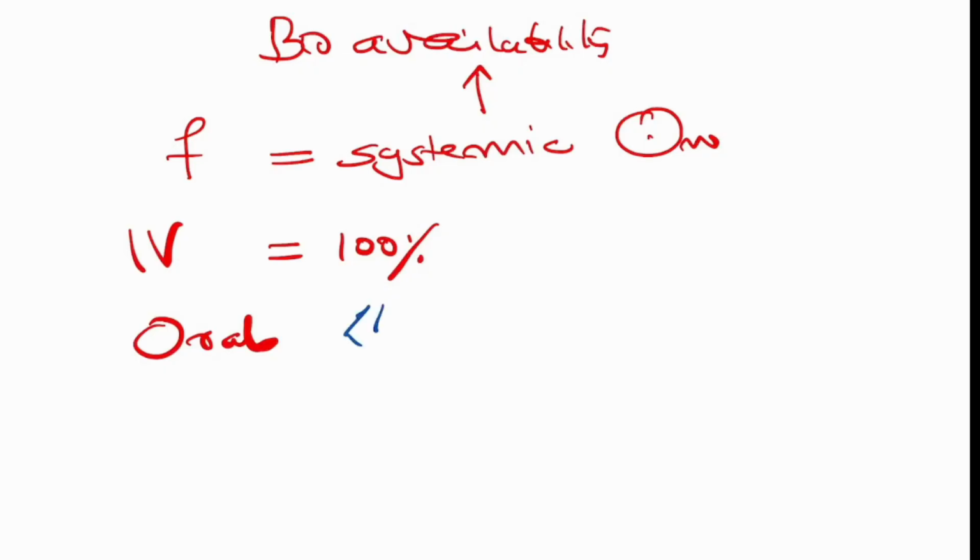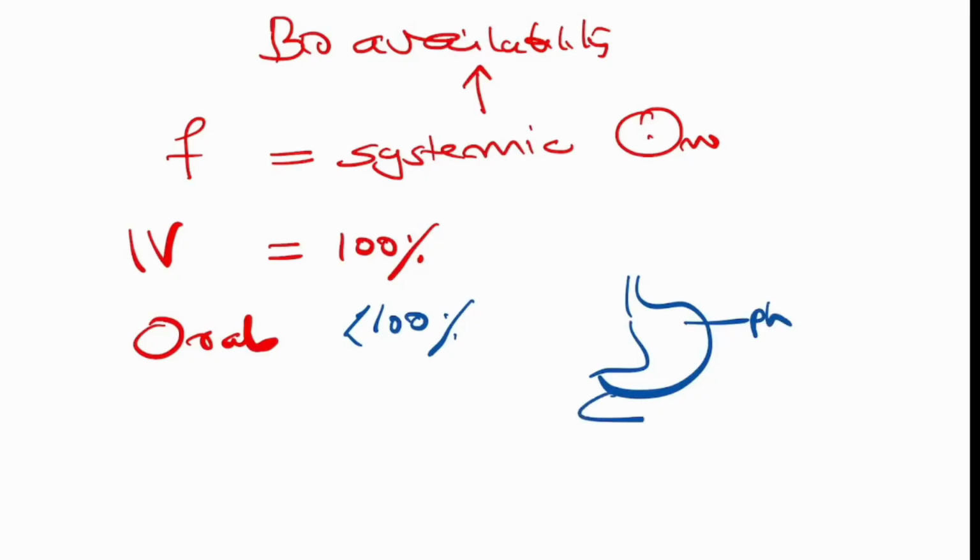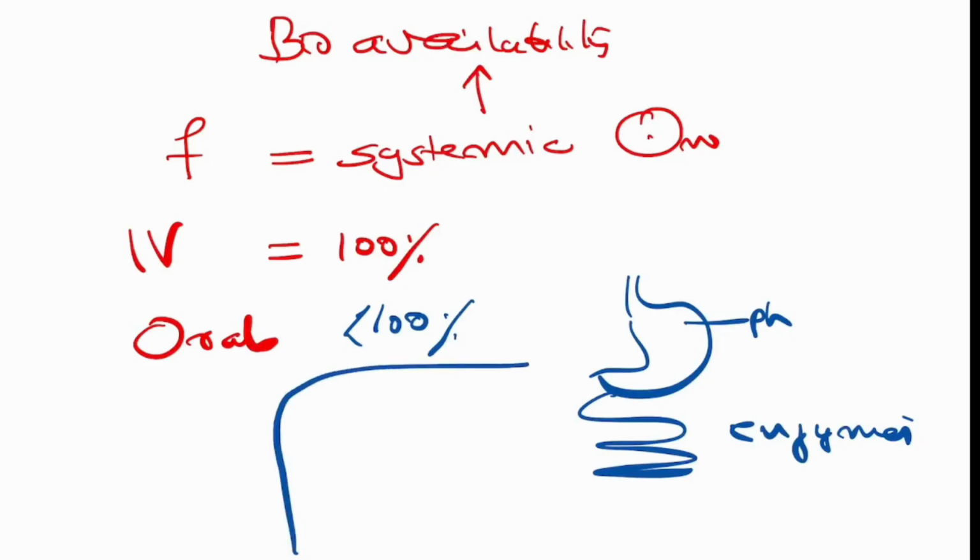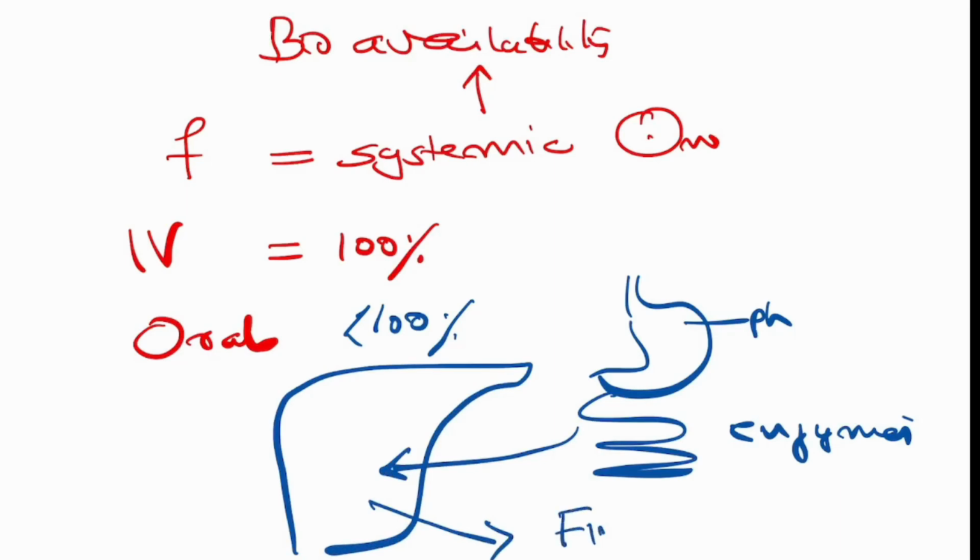Obviously, because of the pH of the stomach, the emptying time of the stomach, and the digestive enzymes, all act. And of course, the very important thing, the drug reaches the liver and undergoes first pass metabolism.